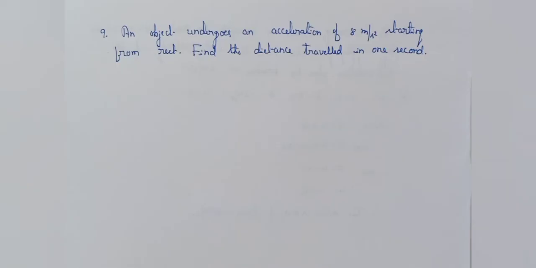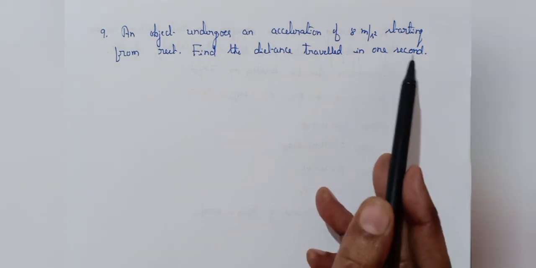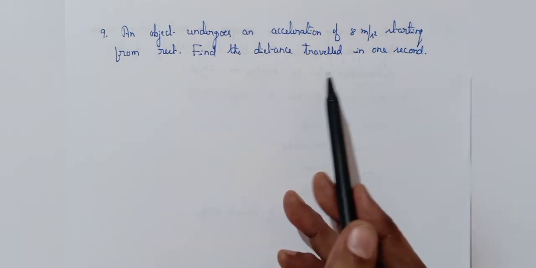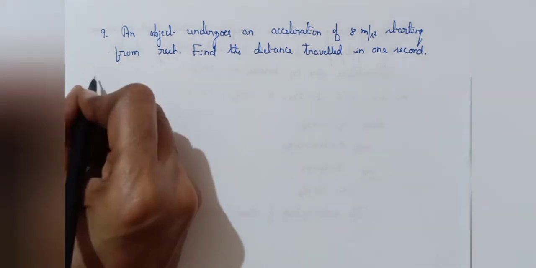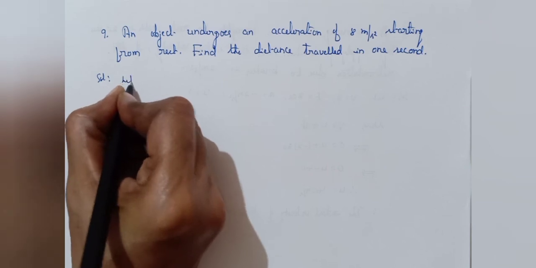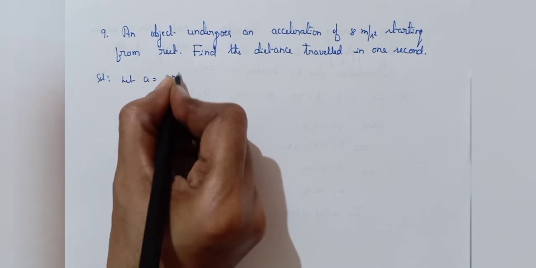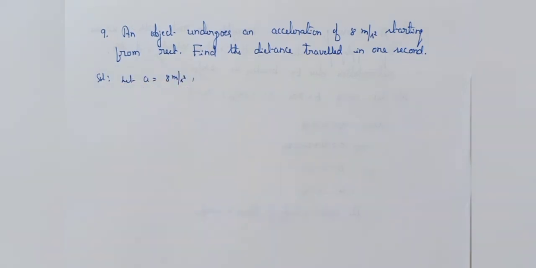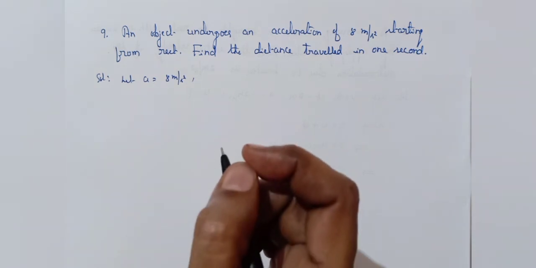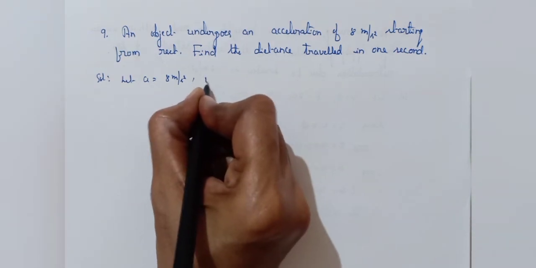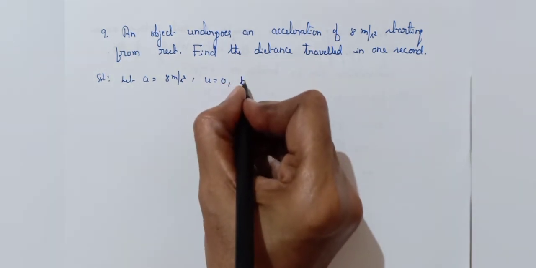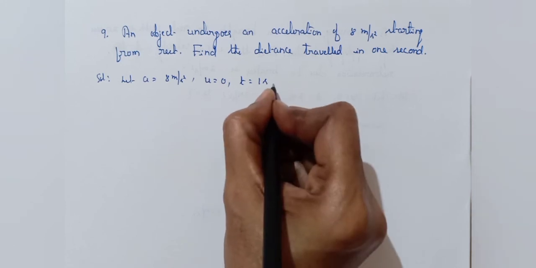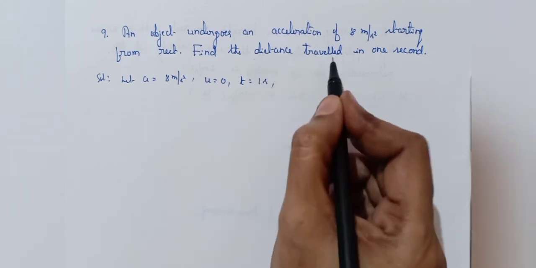Next problem. An object undergoes an acceleration of 8 meter per second square starting from rest. Find the distance travelled in 1 second. Here the acceleration is given. Let a is equal to 8 meter per second square, and the object starting from rest means the initial velocity is 0 and the time is given, t is equal to 1 second, and you have to find out the distance travelled.